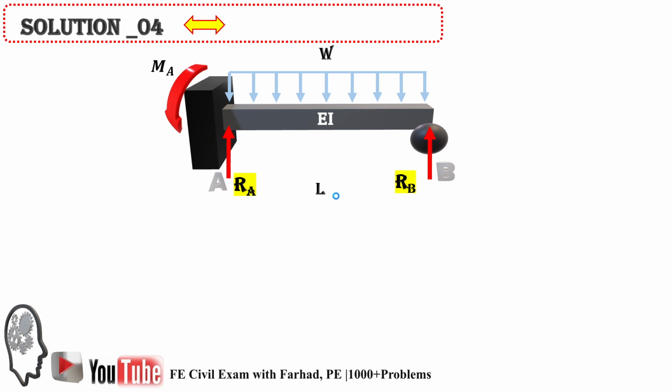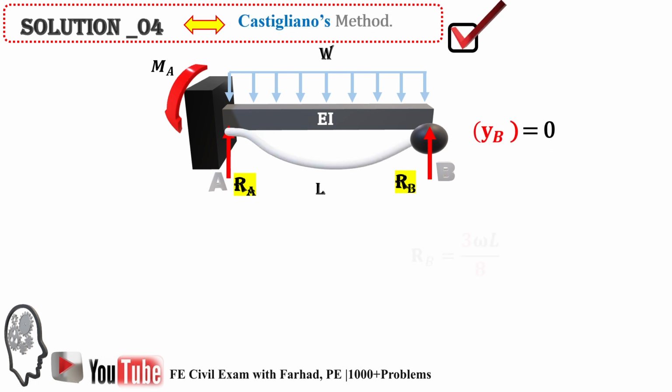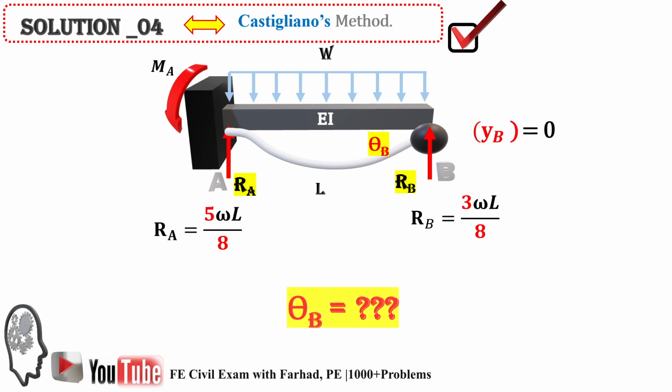The summation of the forces should cancel out the WL, so if RB is 3 over 8 WL, then RA is simply 5 over 8 WL.